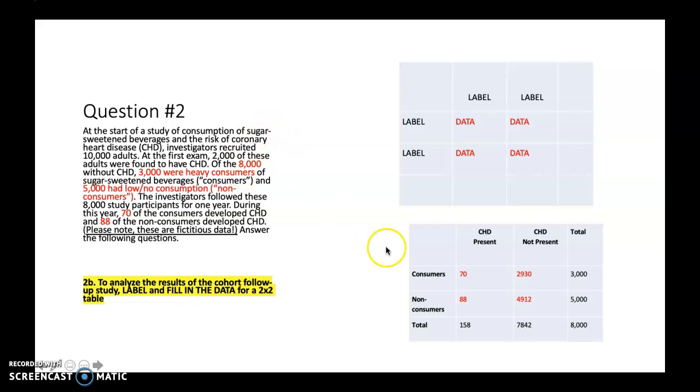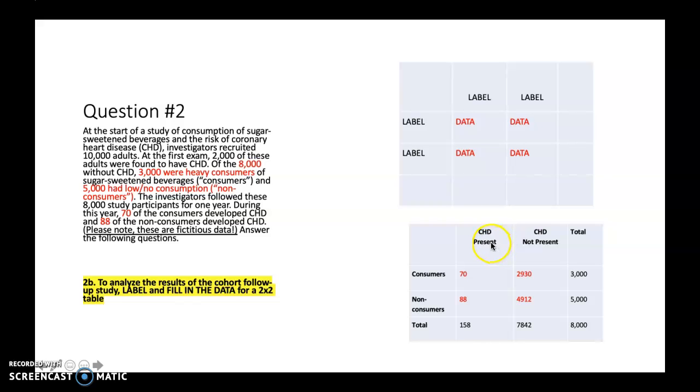So our total number of people in the follow-up cohort study is going to be 8,000 people. So I've put that in red here, and then 3,000 people were consumers and 5,000 people were considered non-consumers. So that's where we're going to get our labels from.